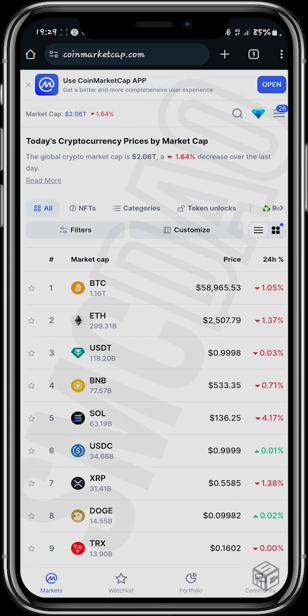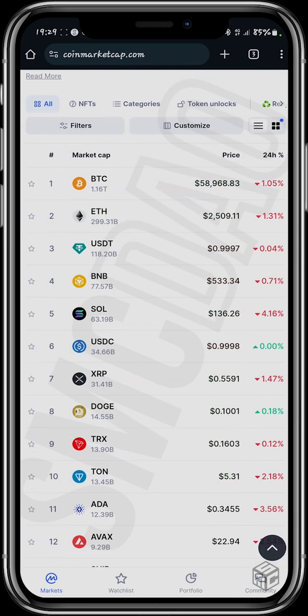Now when you get to CoinMarketCap, you want to look out for coins that have high market capitalization. The reason is that the idea behind crypto arbitrage is that you are trying to leverage price differences between exchanges that a particular coin is listed on.